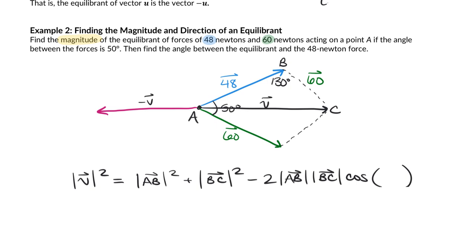What is the angle I should put right here? 130, because this is one side and this is the other. We want the angle between them. If you wanted to use letters, you could call that angle B since we named it B, or angle ABC since we gave 3 things 3 letters.